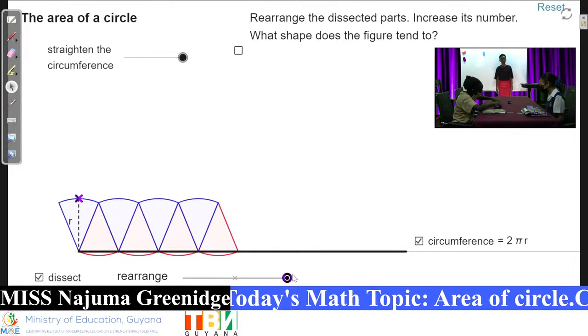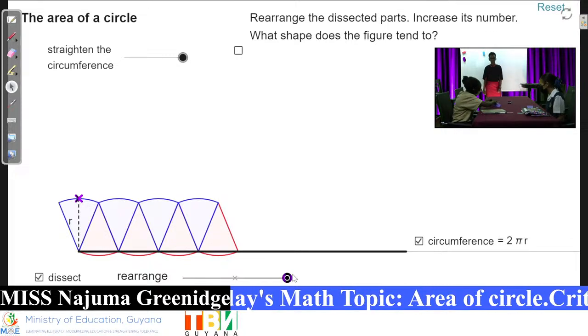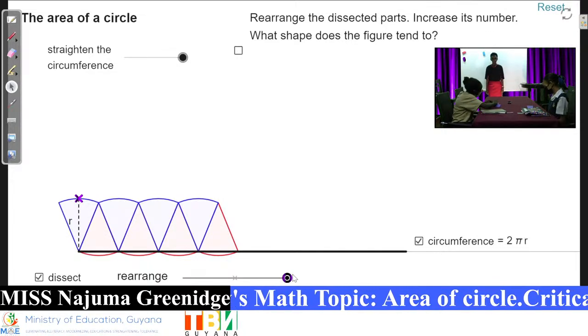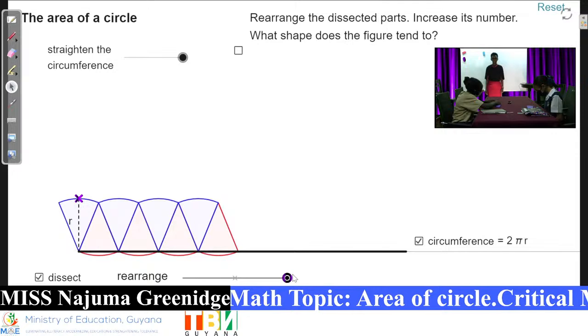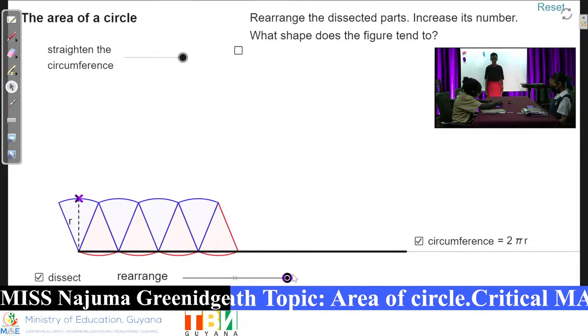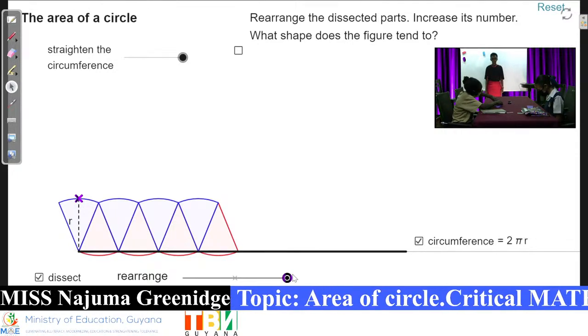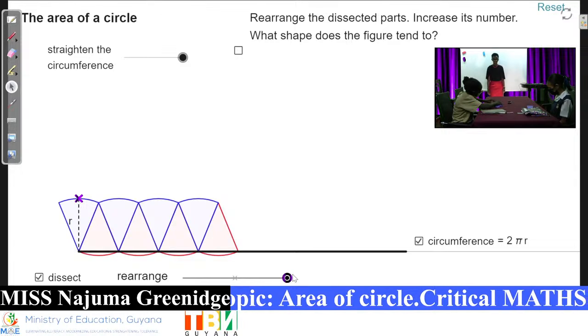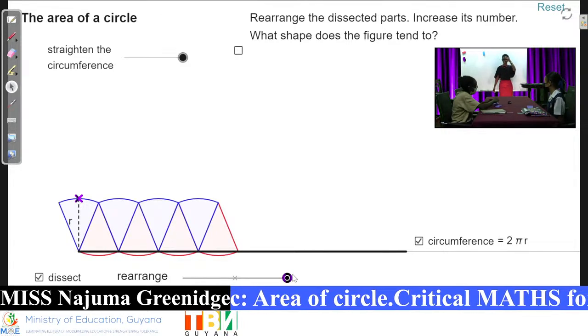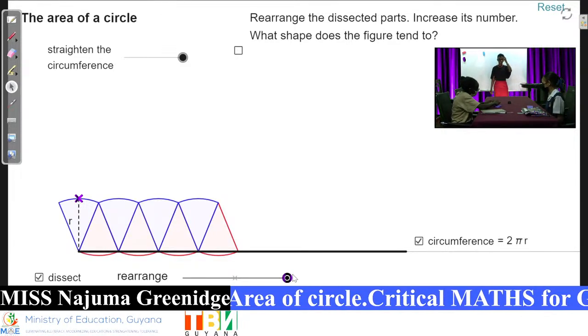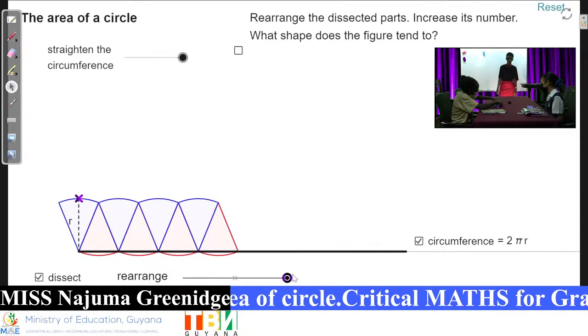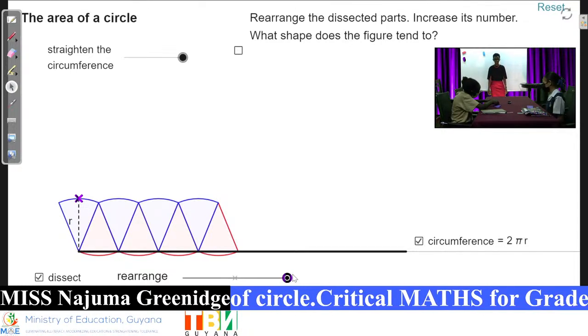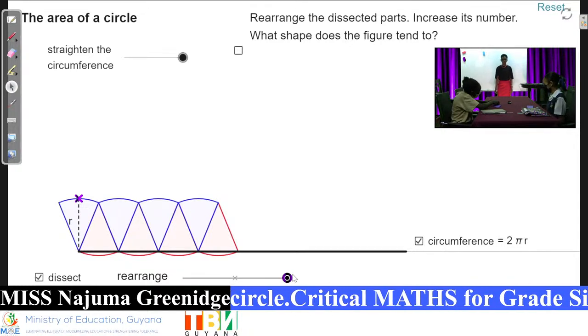All right. Right, up, down, like that. We're waiting on Alicia. She's taking her time to ensure that she gets the pieces fitted correctly.